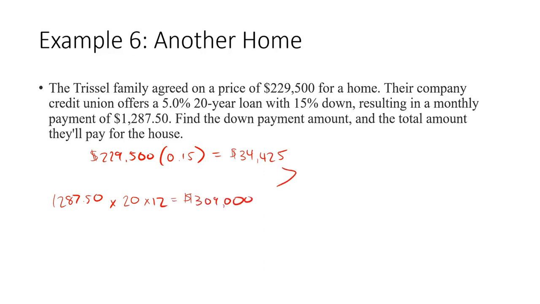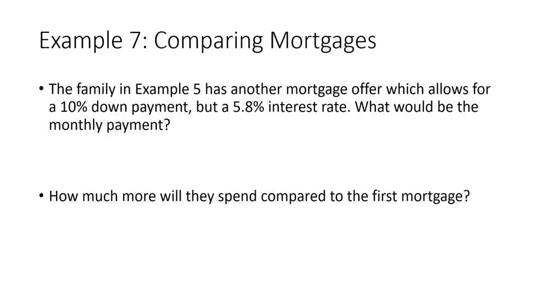So the total amount paid for the home, we're just going to add these two values together, $343,425.